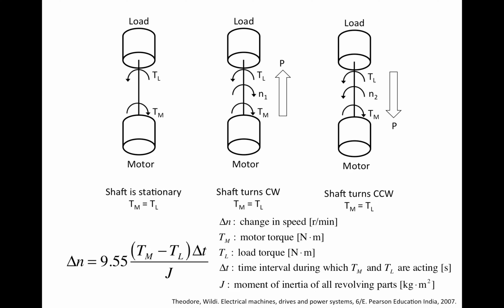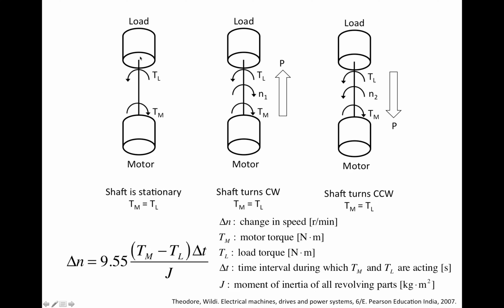Before talking about that, let's spend some time to understand the torque and the rotational speed of a motor load system, right? So we have a motor here, and then we have a load here, right? And then we have a shaft that's connecting both the motor and the load, right? So let's try to understand the behavior of this particular system, right?